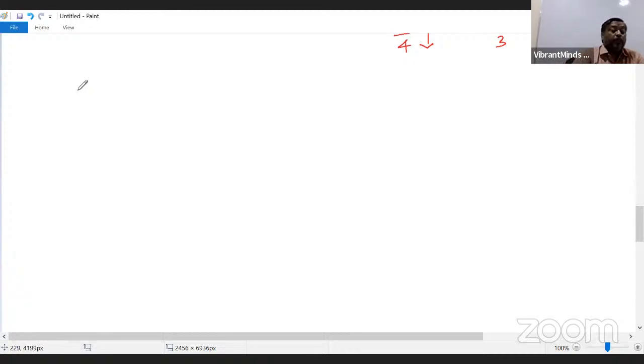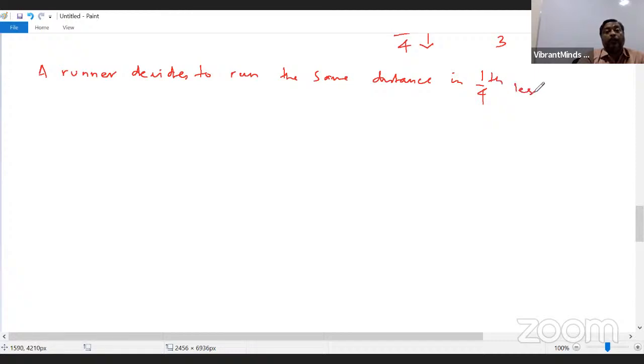Now, let's go to a few more examples. A runner decides to run the same distance in 1/4 less time than he usually takes.